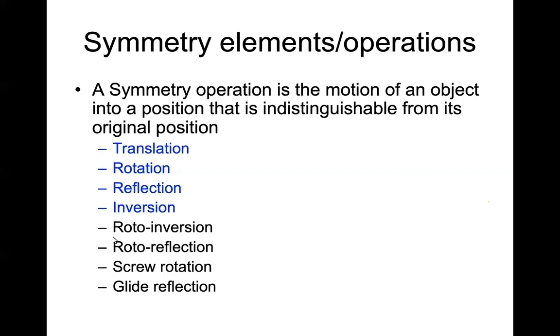When you do this operation, the two objects should be indistinguishable in 3 dimensions. Then we say that this crystal possesses this kind of symmetry.